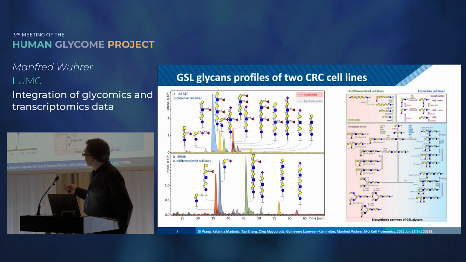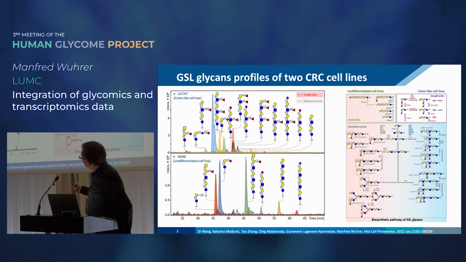And these are two examples of colorectal cancer cell lines which we typed. And if you look at these patterns, we have on top a colon-like cell line and here an undifferentiated cell line. So cell lines are different and they have their benefits, in glycomic analysis or in biological analysis in general.